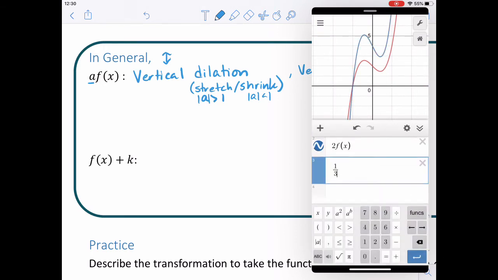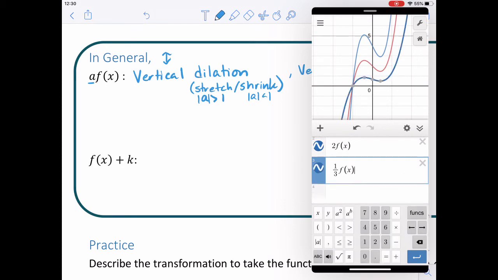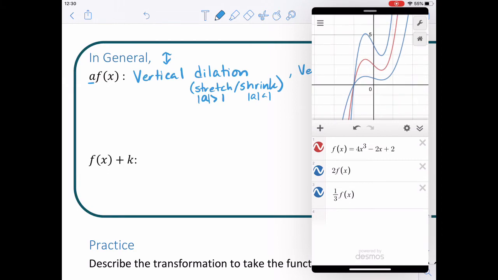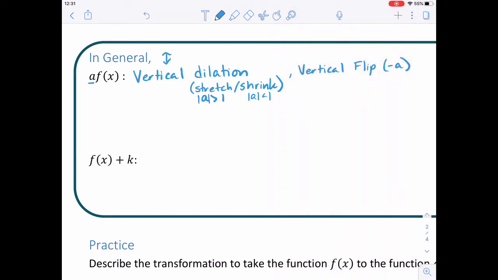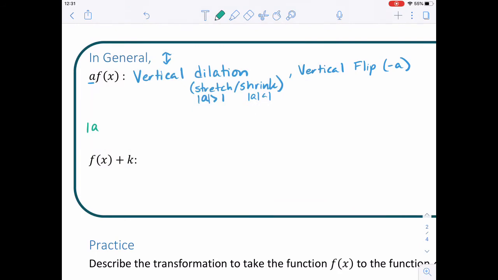If we do like 1/3 f of x, then we see that it shrunk, right? And you can really see if we look at this max min, those are much closer together than they were in our original function. So we're seeing that squish, right? We're getting a vertical squish now, or a vertical shrink, okay? So if we want to write that a little bit differently, if the absolute value of that number is greater than 1, we get a vertical stretch.